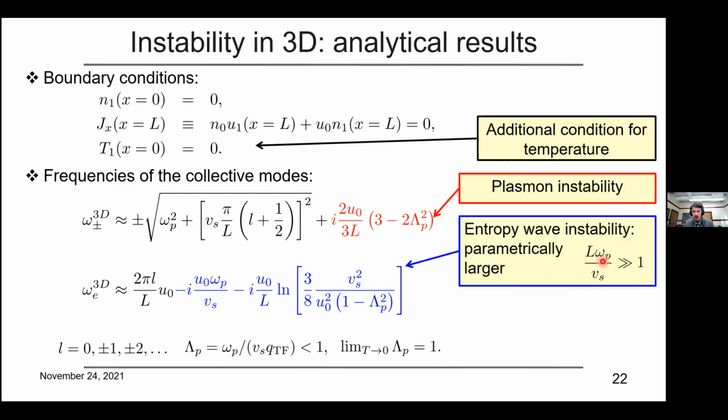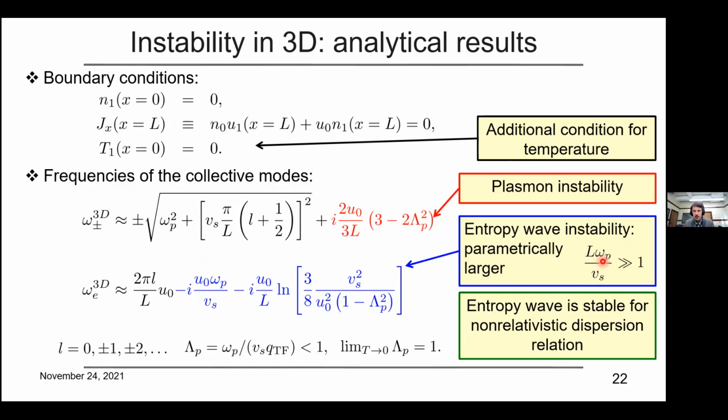Furthermore, we found that there is no entropy wave instability for non-relativistic fluids. So if we just solve the system of hydrodynamic equations assuming a non-relativistic spectrum, we find that the entropy wave remains stable.